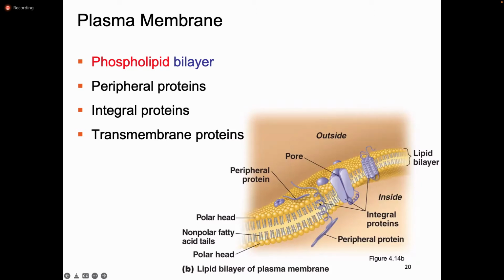And so scientists gave them different names. One is called integral. Integral means stuck into the membrane as an integral part, a unifying part of the plasma membrane. It's called the integral protein.